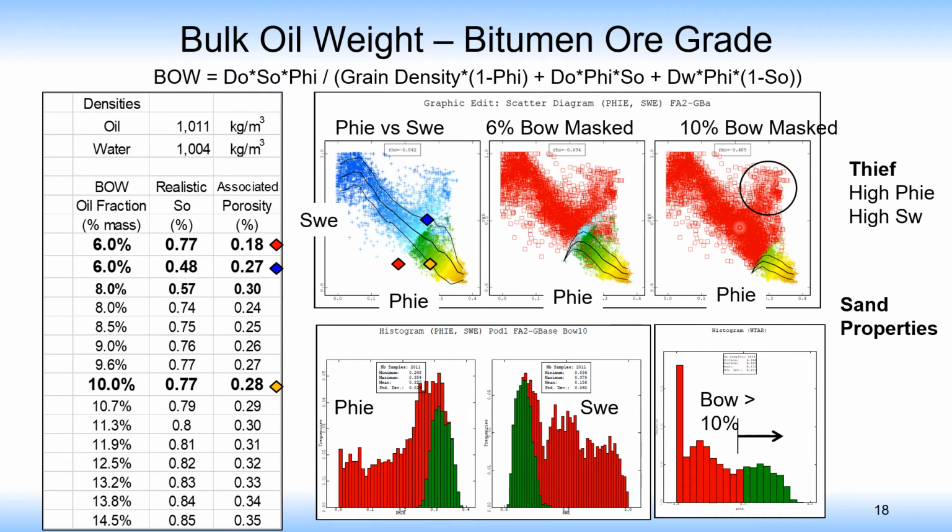Note that we have this bimodality here of high porosity and high water, and that's our thief or transition zone showing up there. The porosity for the 10% bulk oil weight cutoff is shown here. For saturation, it's low here, and that's your histogram of bulk oil weight.